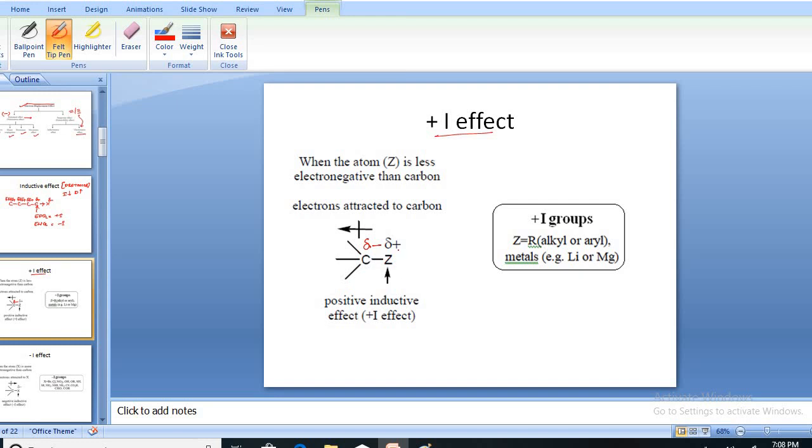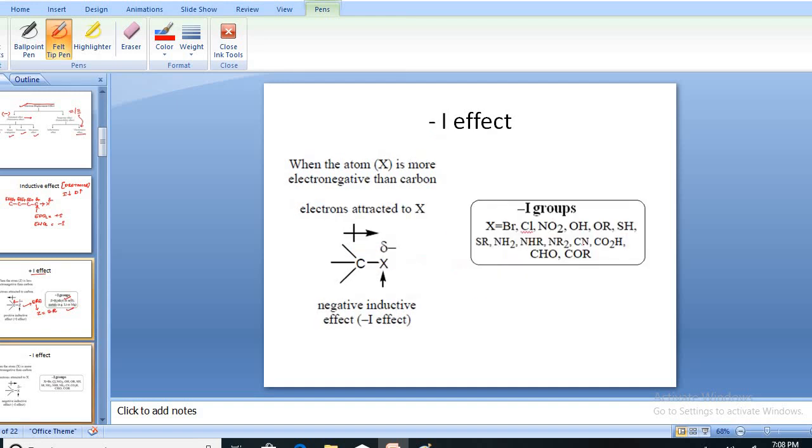So this Z is said to exhibit electron releasing effect. This is called plus I effect. So when would this be possible? When Z is electron rich. All alkyl groups or all metals, which are generally electropositive, are basically plus I groups.